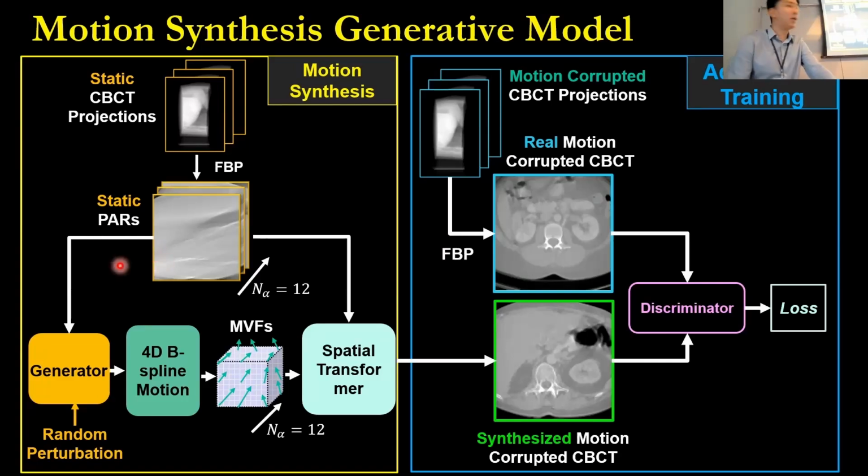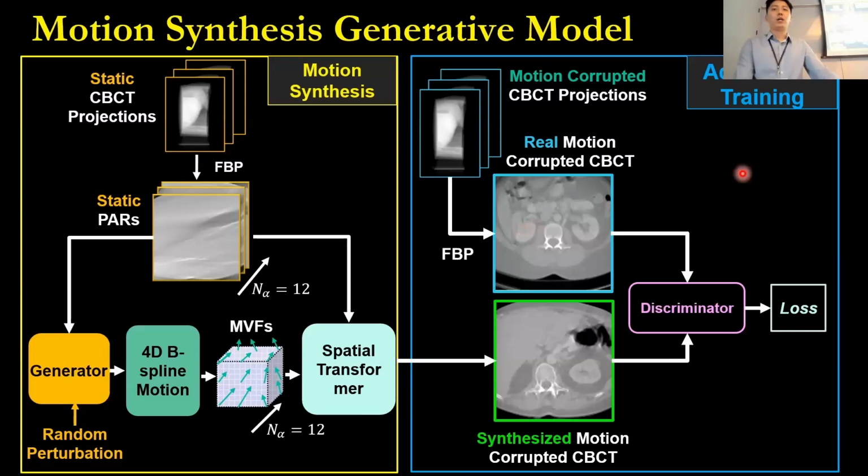These static partial angle reconstructions are then fed into our generator model together with a random perturbation, which outputs four-dimensional motion vector fields in B-spline basis. These sparse motion vector fields are then interpolated and used by the spatial transformer to apply deformation on the static partial angle reconstructions. So here we can get synthesized motion-corrupted cone beam CT data.